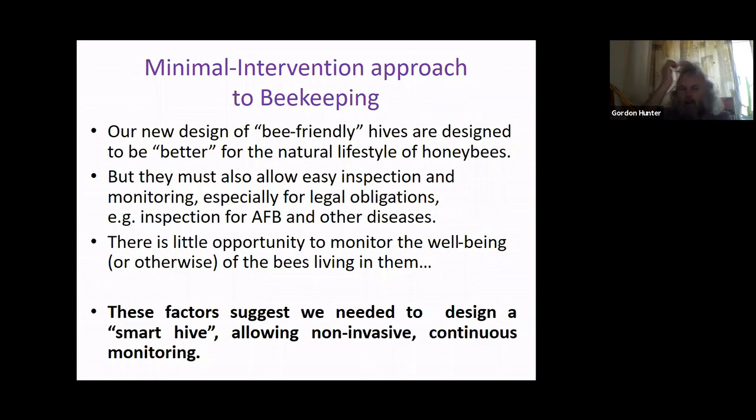So we were looking at ways in which we could produce a smart hive at relatively low cost. I think our ballpark cost figure was about 100 UK pounds. So that would be 10,000, I think, multiplied by 100, 10,000 rupees. I admit that's not cheap, but it might be affordable by medium-sized farmers, but not by poorer ones.